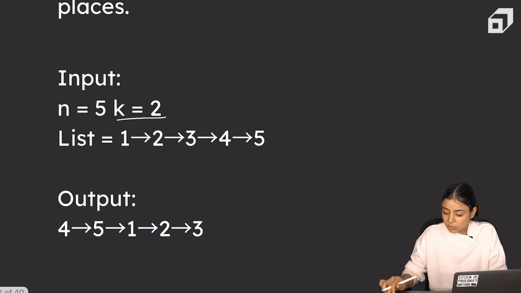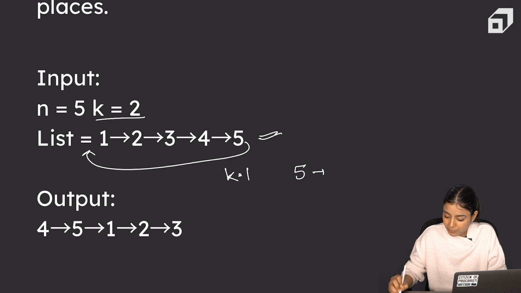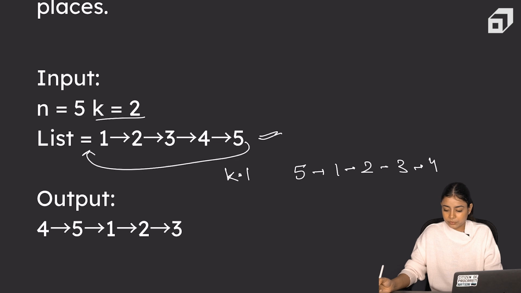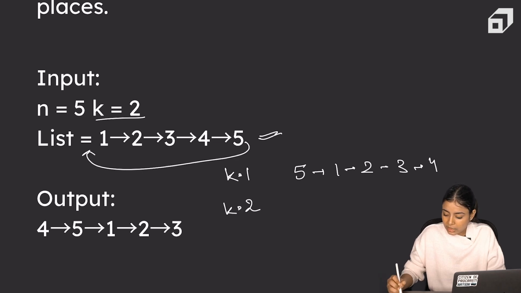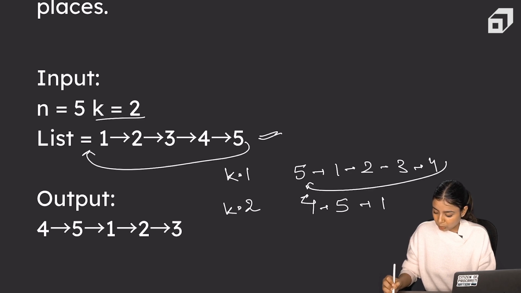If this is our linked list and I rotate it once, 5 will come at the beginning, then 1, 2, 3 and 4. If I rotate it again, then 4 will come at the beginning. So now my linked list will be 4, 5, 1, 2 and 3.